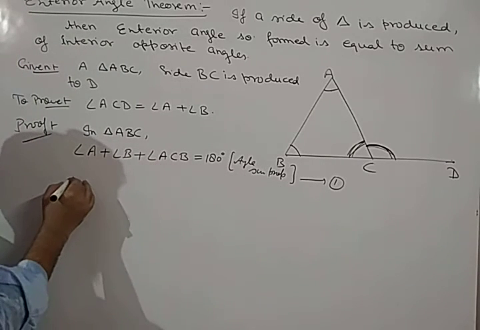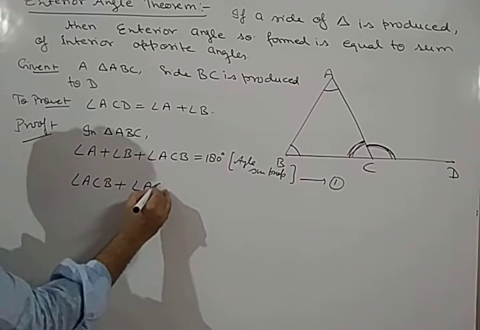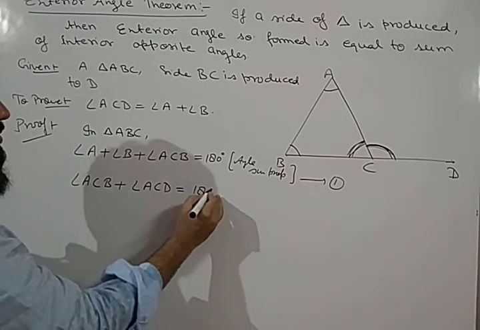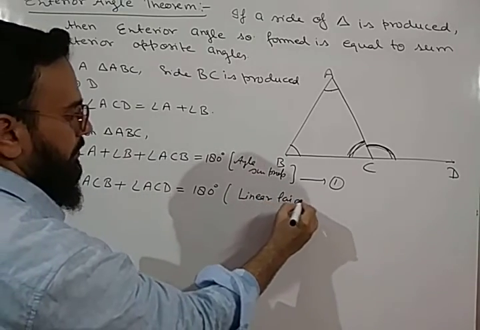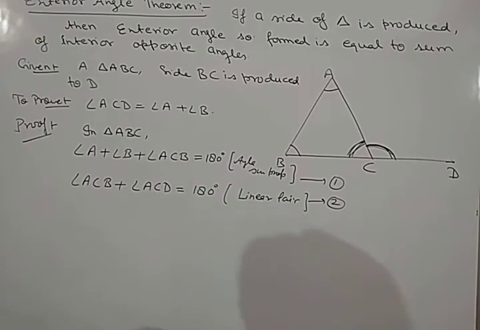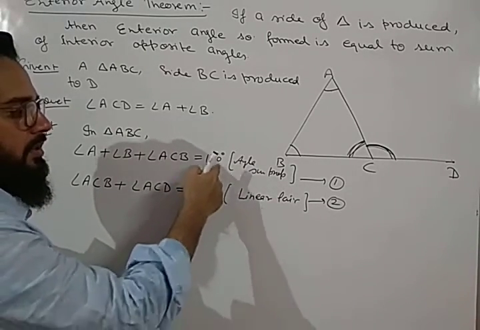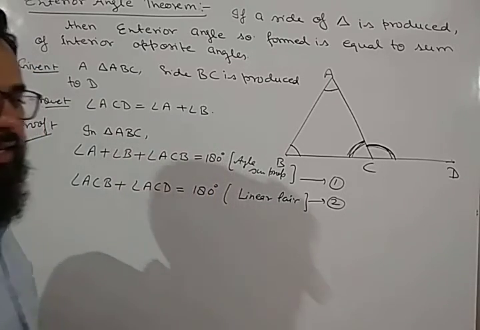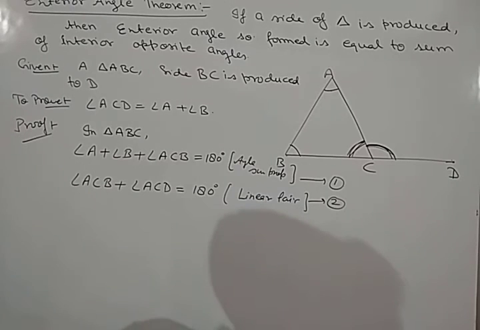So we can take another statement, angle ACB plus angle ACD will be equal to 180 degrees because they are a linear pair of angles. So this is our equation number 2. So we got two equations, and in both the equations the right hand side is the same. This is 180 degrees, it is also 180 degrees. If right hand sides are equal, then left hand sides should also be equal.